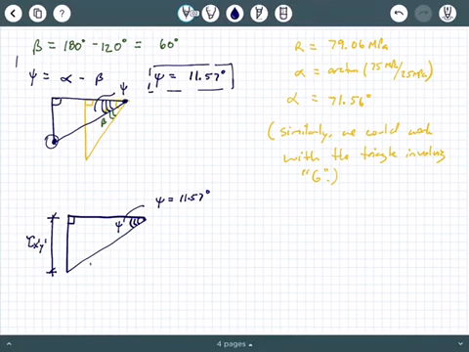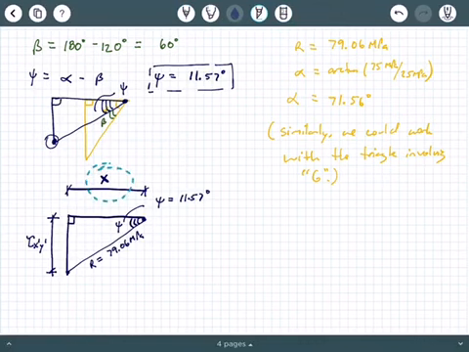So now we're going to operate in this blue triangle. All right, here is the psi value, that psi equals 11.57 degrees. This vertical component, guess what? That's the tau x prime y prime component we're interested in. And we know the radius already.